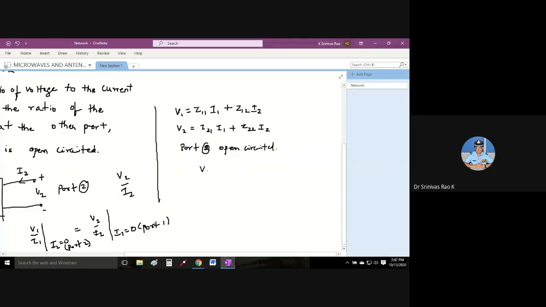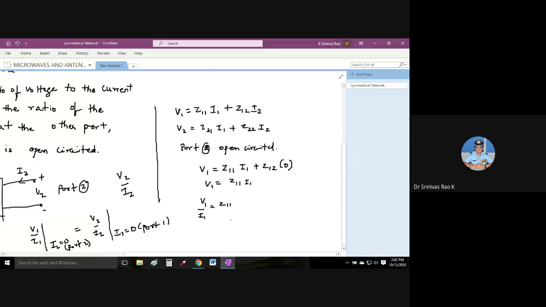We know V1 is equal to Z11 into I1 plus Z12 into I2, and I2 will be 0 since it is open circuit. So we get only Z11 I1. Therefore V1 by I1 is what value? Z11. Correct? Everyone clear?